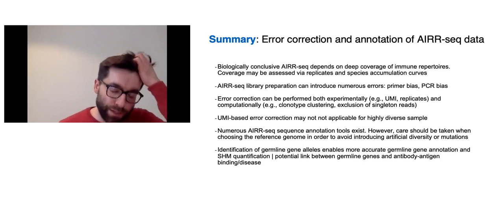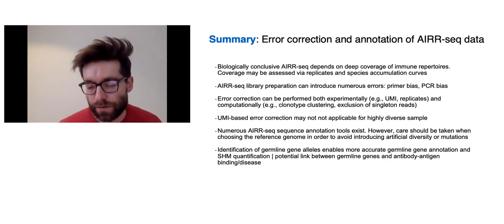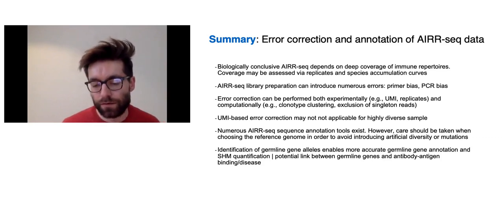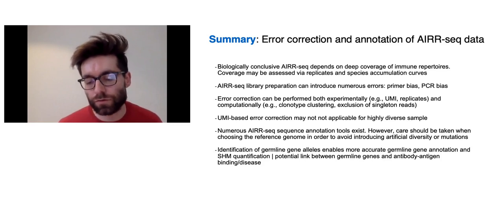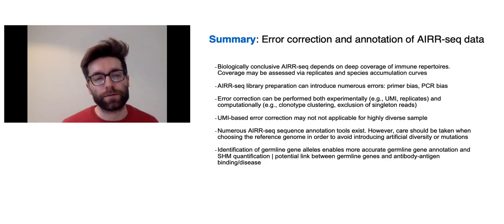So this is something really to keep in mind, because some groups might just use UMIs because they think it's the right approach, and then they trim down that dataset so much that they can almost not make a biological conclusion anymore because they have lost all the diversity of the data.